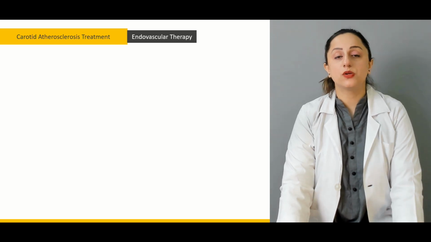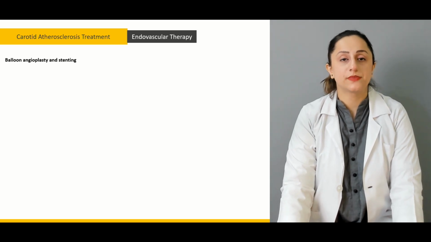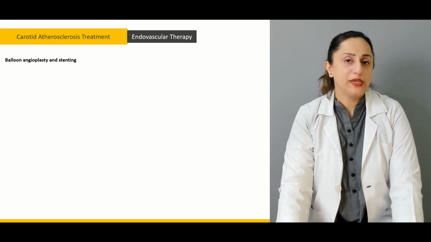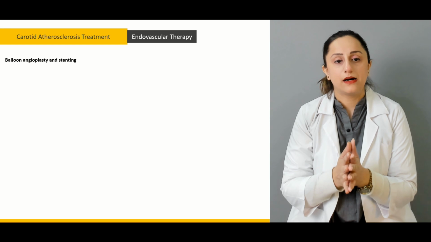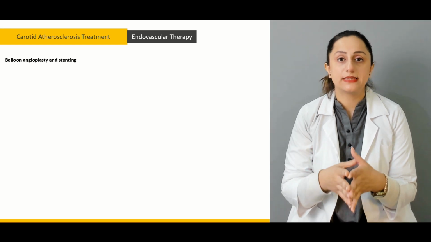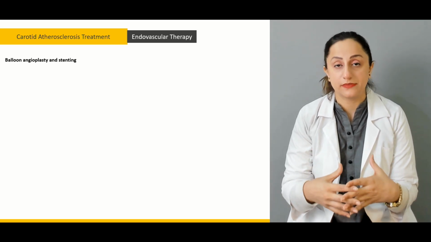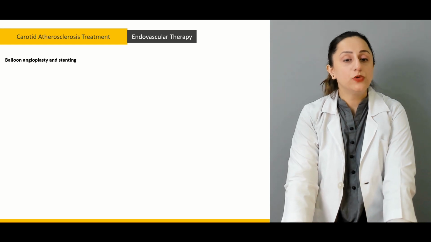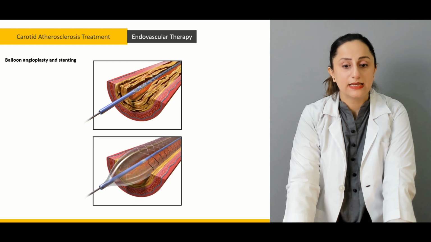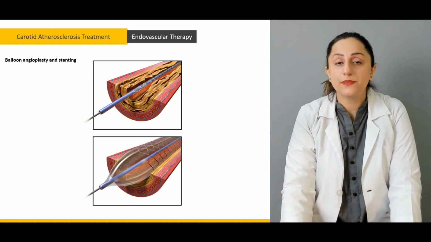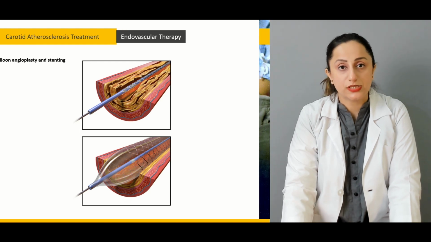Then we have the endovascular therapies that are sometimes performed. They are quite similar to the endovascular therapies that we performed for the myocardium, involving the balloon angioplasty, and we can even perform the stenting techniques as shown over here, and they can be performed similarly for the common carotid arteries.